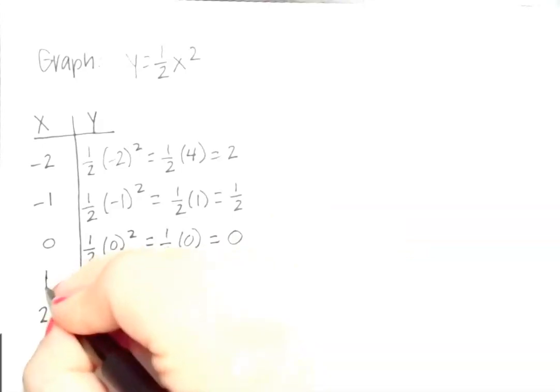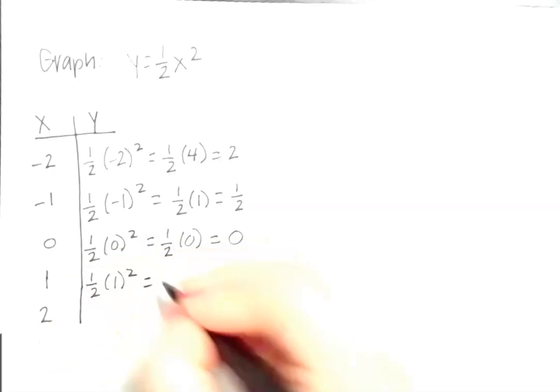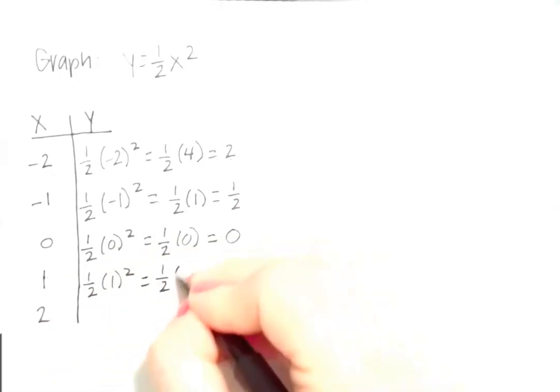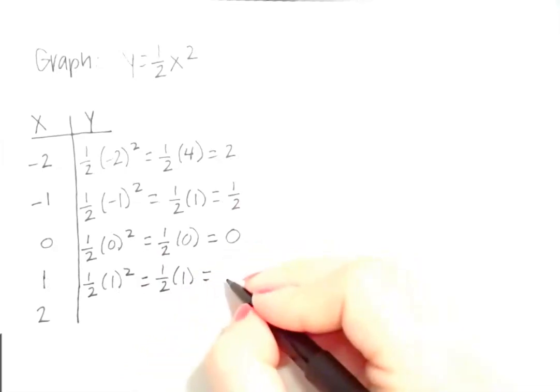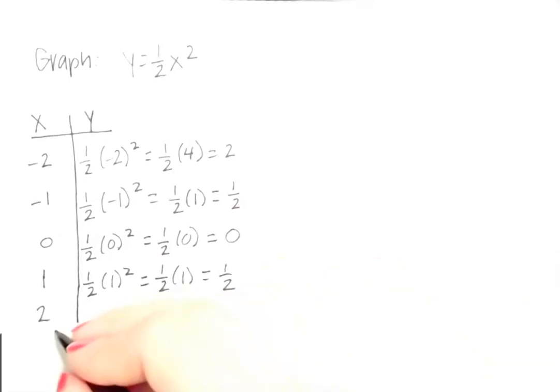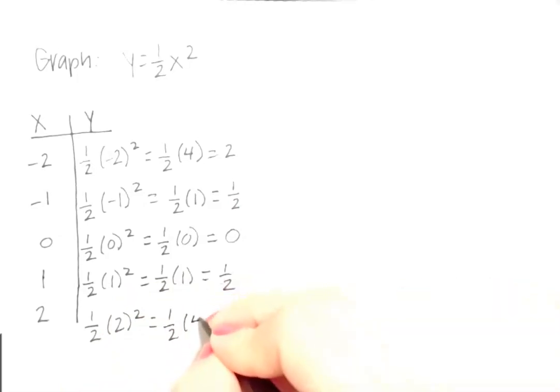Plug in 1. Square 1, so 1 times 1 is just 1. Half of 1 is just a half. And now plug in 2. 2 squared is 4.